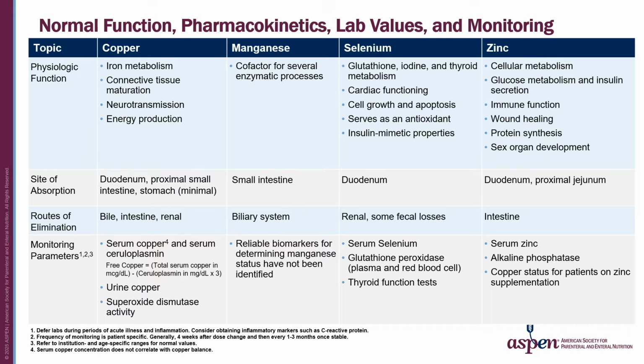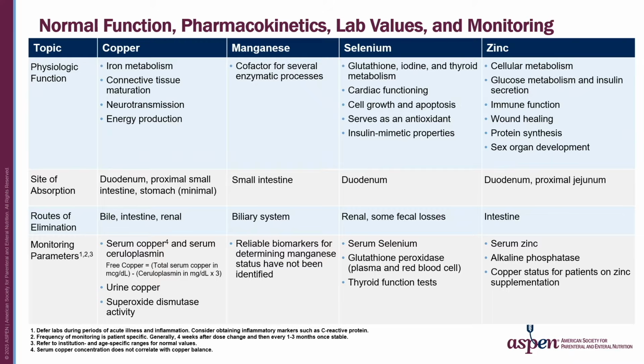First, we will go through the normal function, pharmacokinetics, lab values, and monitoring for each of the four trace elements included. Copper is involved in iron metabolism, connective tissue maturation, neurotransmission, and energy production. It is absorbed in the duodenum, proximal small intestine, with minimal absorption in the stomach.